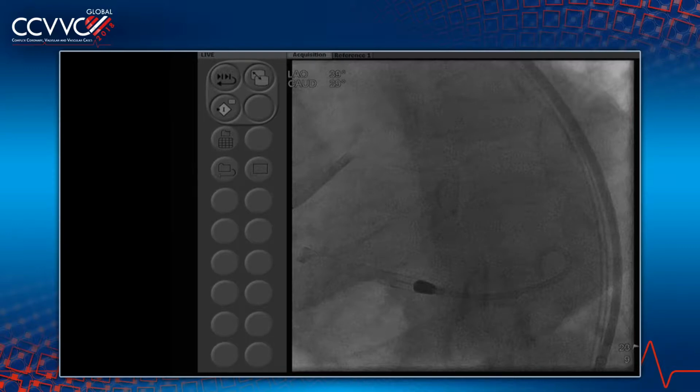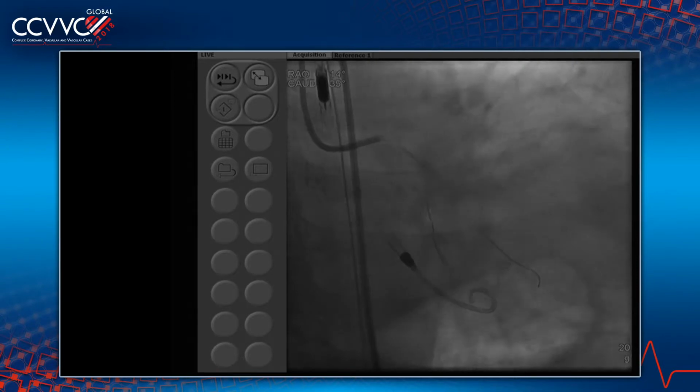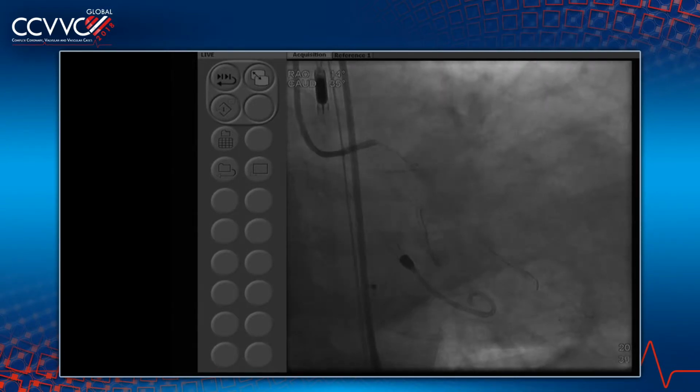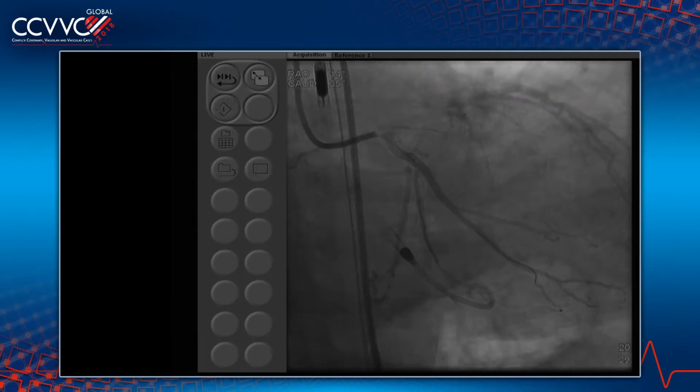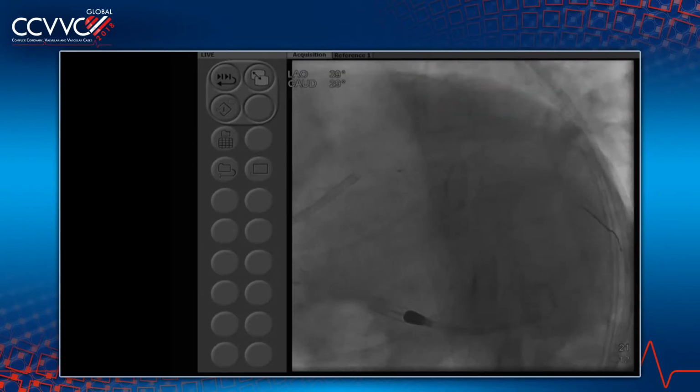Antonio? The side branch originating from the bifurcation, I think, is giving collaterals to the right coronary, so I may be a little bit more aggressive. I would dilate through the side branch, and if we have a reasonable result, we usually do a drug-eluting balloon on the side branch.